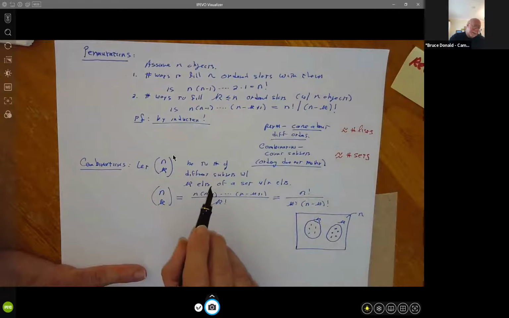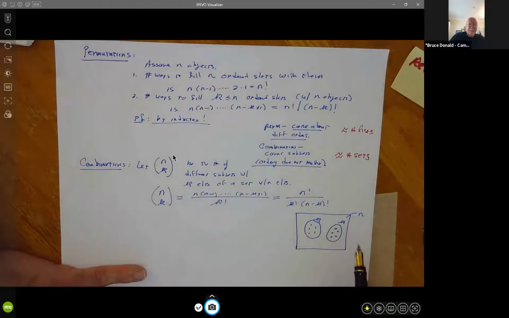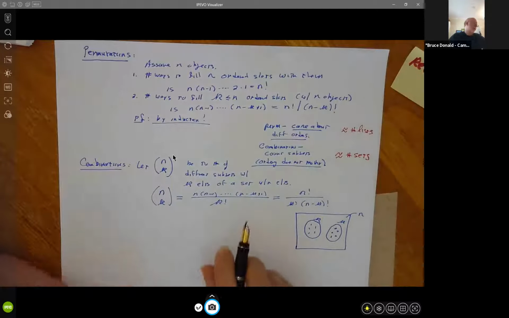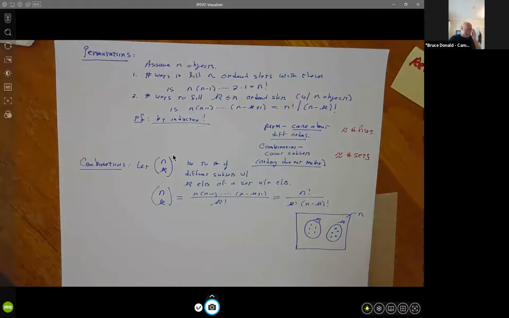So the number of different subsets, each with k elements, all drawn from this set, depends on two things. It depends on which choice of the k elements. And we have to make sure we don't care about the order. So if I choose this set of k elements, it doesn't matter what order I choose them in, right? Therefore, we can relate combinations and permutations. So one way to think about this is as follows. Look at the picture here.